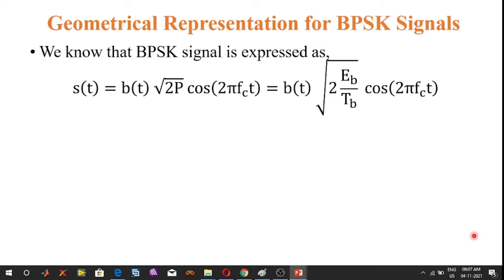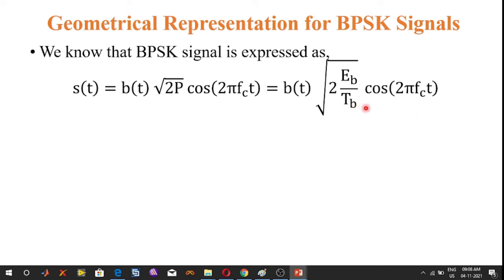So we know that the expression of binary phase shift keying is s of t equal to b of t into square root of 2P cos of 2 pi fct, where P is the signal power and that power P is equal to Eb by Tb. Substituting the power value into this equation, we get s of t equal to b of t into square root of 2Eb by Tb into cos of 2 pi fct.